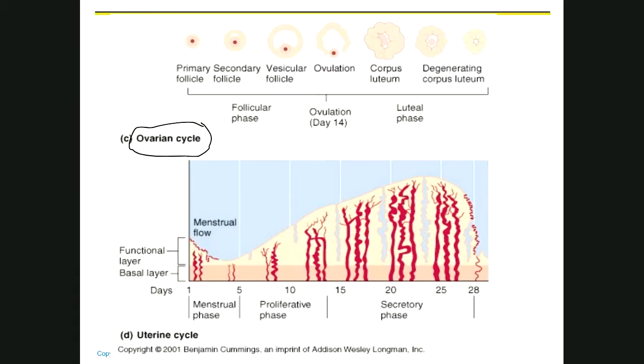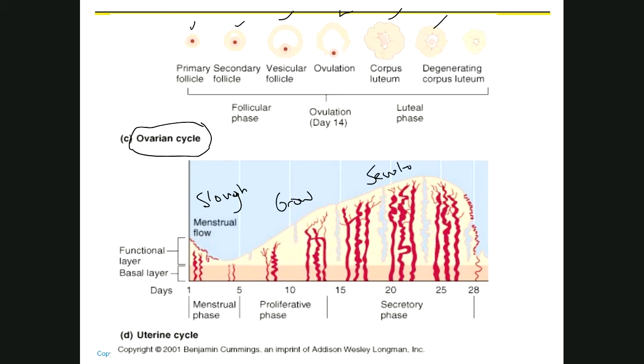We're going to start with a primordial, it becomes a primary, and then a secondary, and then it becomes this Graafian follicle, and then we're going to get ovulation. It's going to turn into a corpus luteum, corpus albicans, then it's going to start all over again. And then here we're going to have sloughing off, and then we're going to have growth, and then it's going to become secretory, and then it's going to happen again.